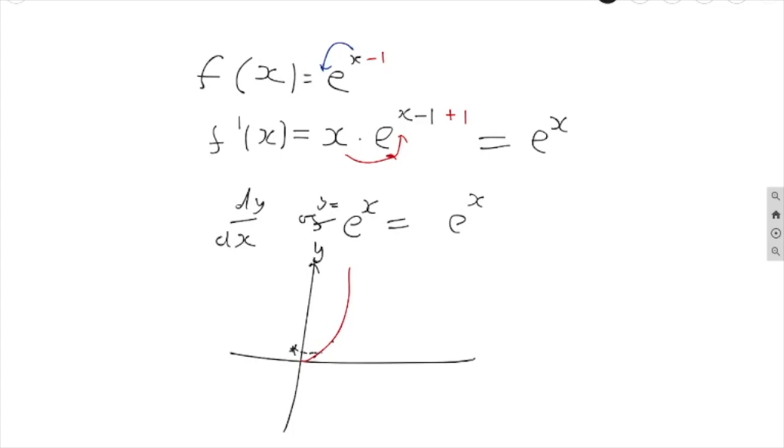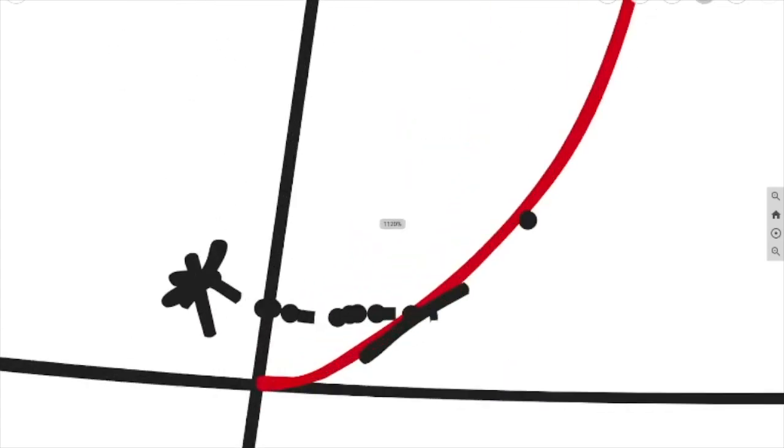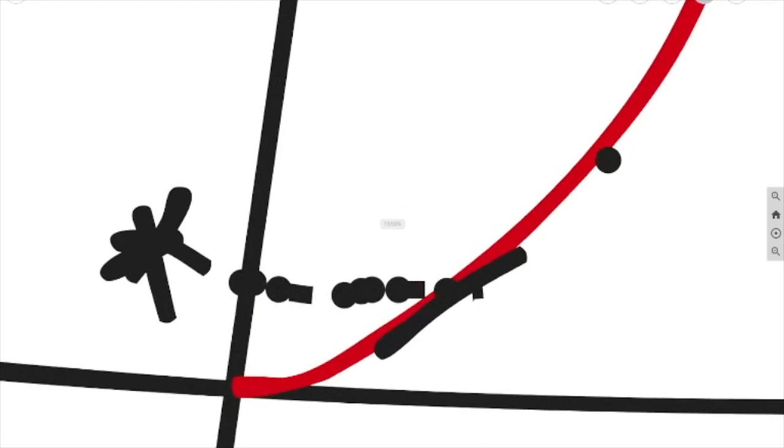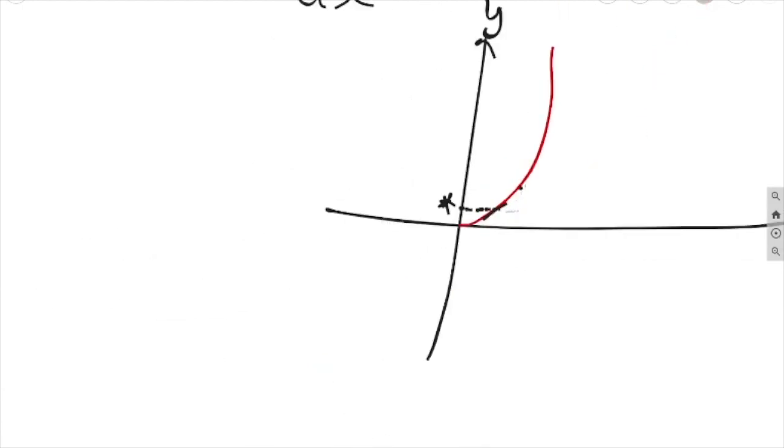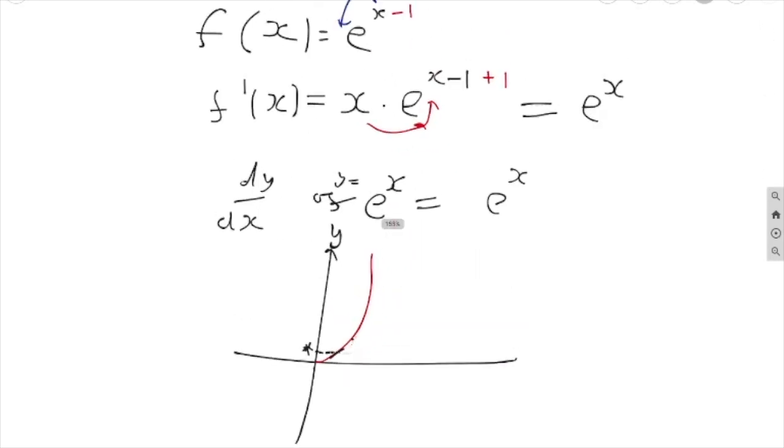The gradient of the tangent at star, let's call it grad, the gradient of star equals the y value of star. And the same goes for any point up the graph. It's a bit of a unique one, but it's useful. And things that are maths that are useful are usually fun, and things that are fun are usually useful. But that's how that works.